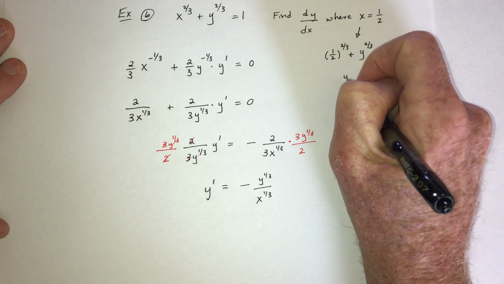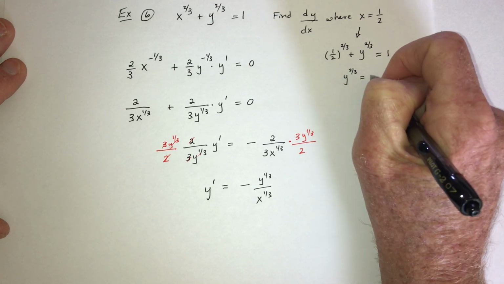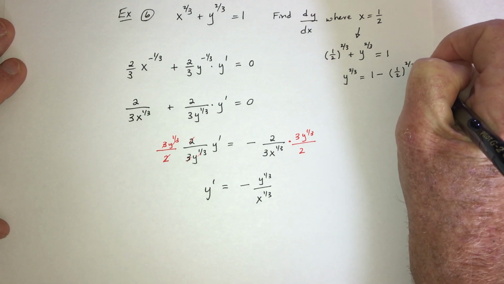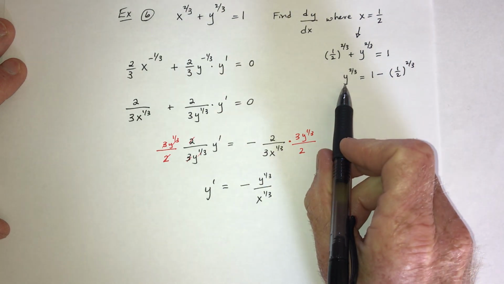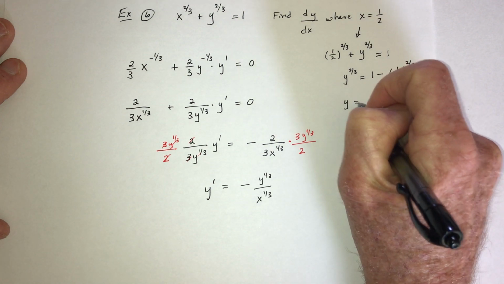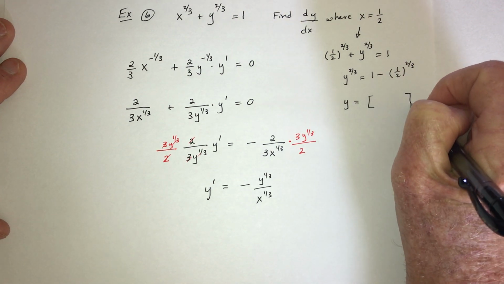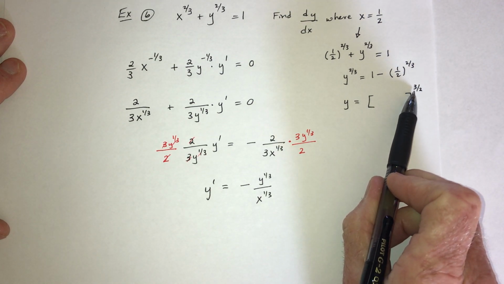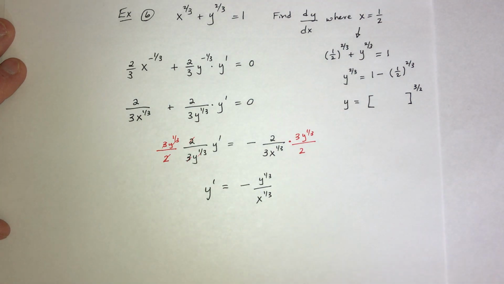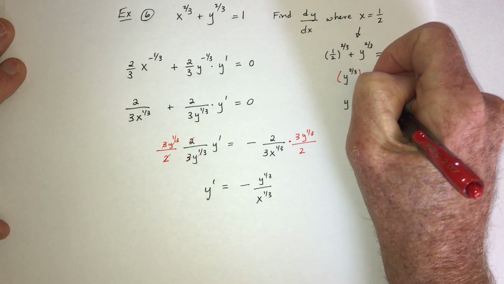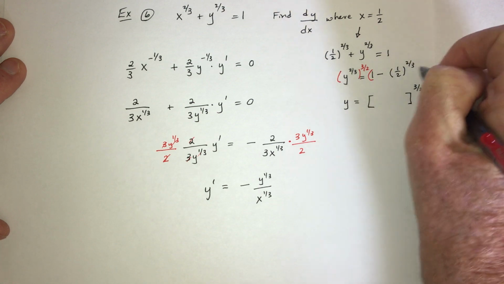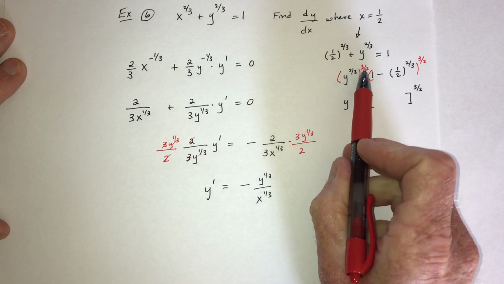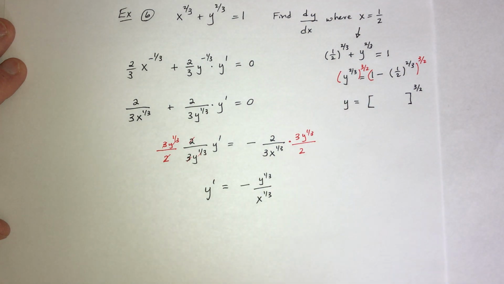And then to solve, y to the 2/3 equals 1 minus 1/2 to the 2/3. And then to solve for y, raise both sides to the 3/2 power. So using the reciprocal, when you raise both sides to the 3/2 power, then when you multiply these two exponents, they cancel each other out and you just have the y.